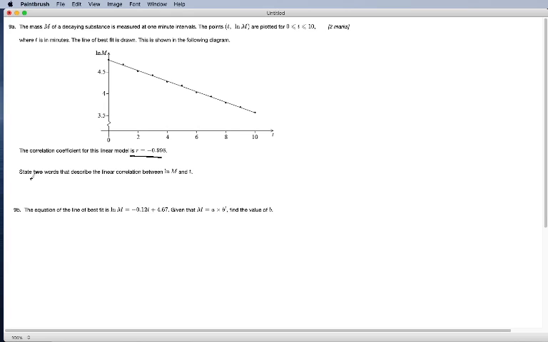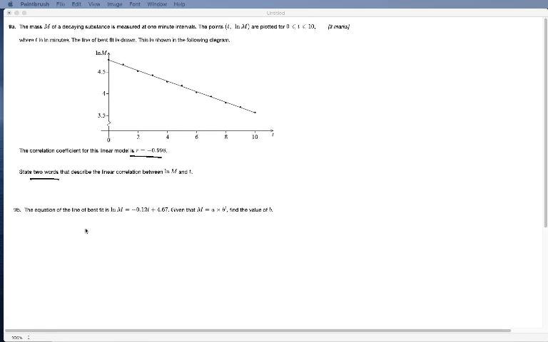So it says state 2 words that describe the linear correlation between ln m and t. So like I said, very strong correlation and negative correlation. If you have those 2 words in there, then they should be all right. Okay, you need both of them.